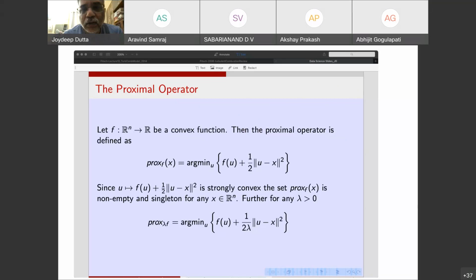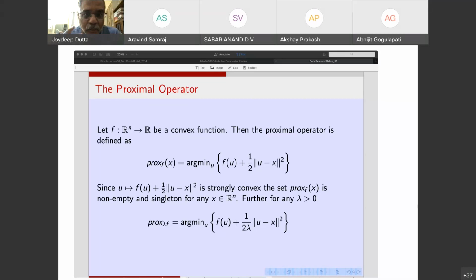Professor Datta, is it constructing a ball around f(u)? Like you want to minimize u that minimizes this, but the one half... No, it's not constructing. It's constructing a ball in what sense? You want f(u) to be inside some ball.